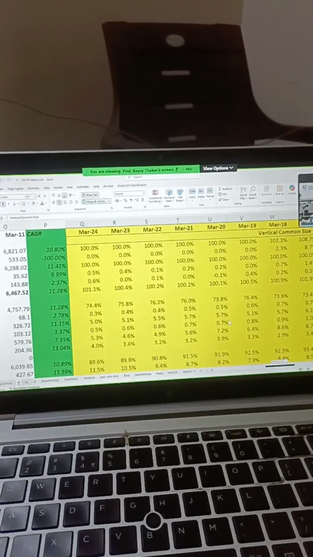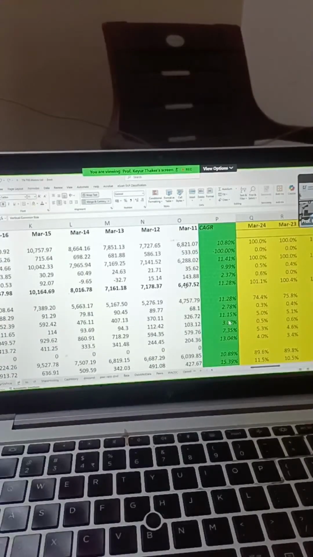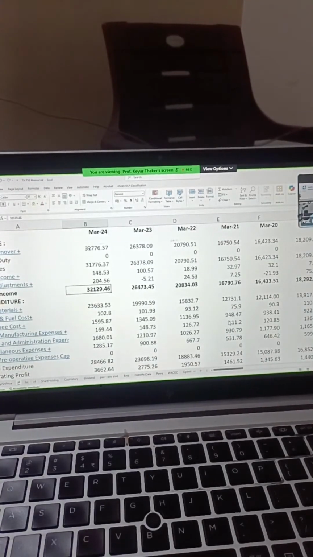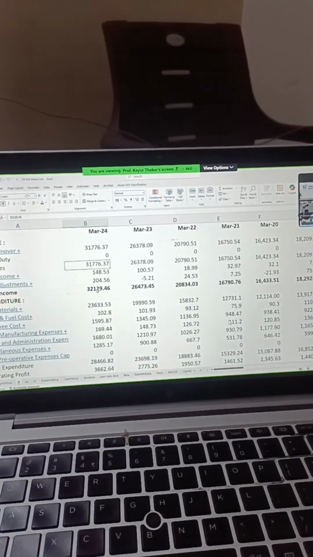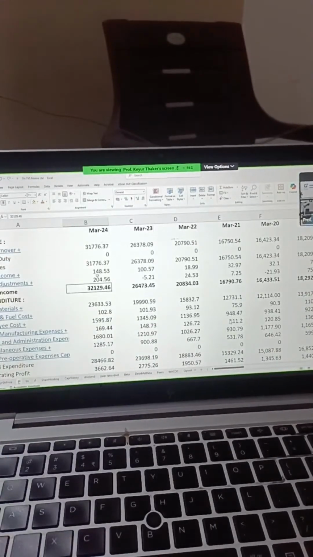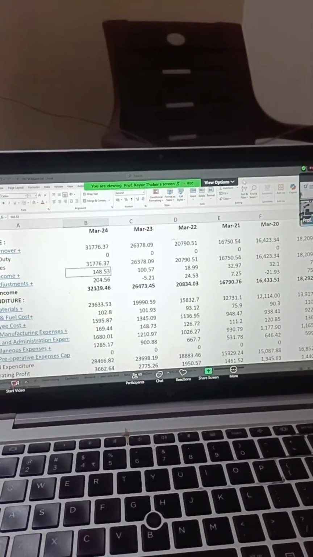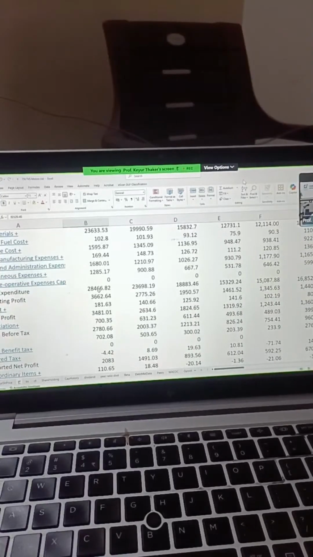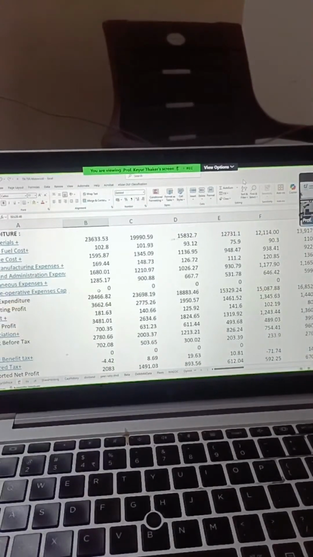Suppose this is my total income. How much is my sales turnover as a percentage of total income? How much is my other income as a percentage of total income? And how much is my stock as a percentage? You would love to know how much my raw material expense is as a percentage of total income.